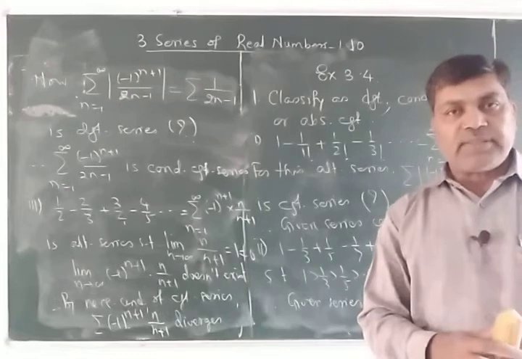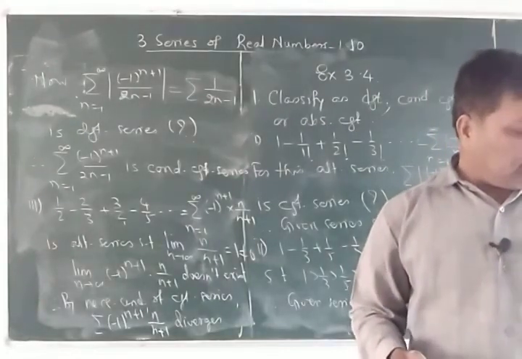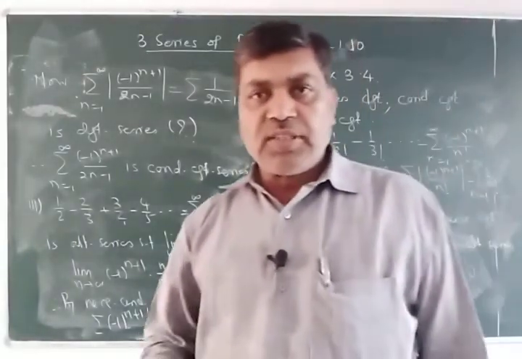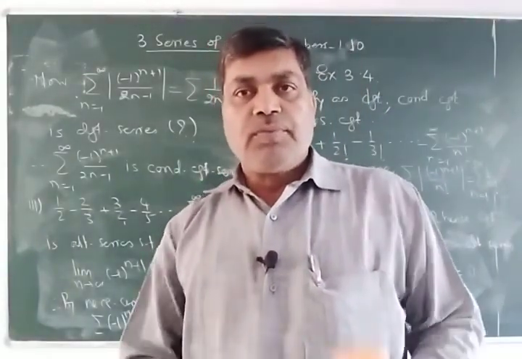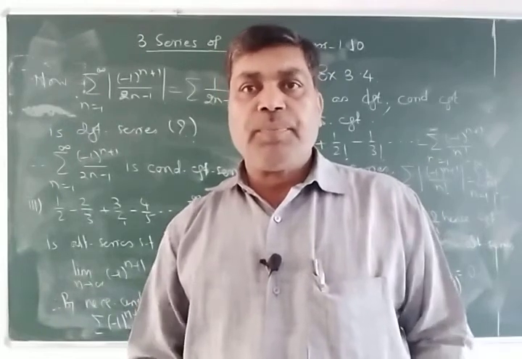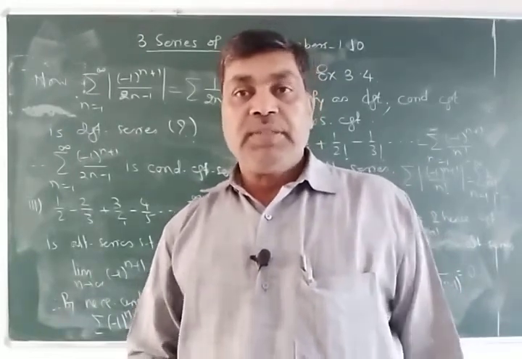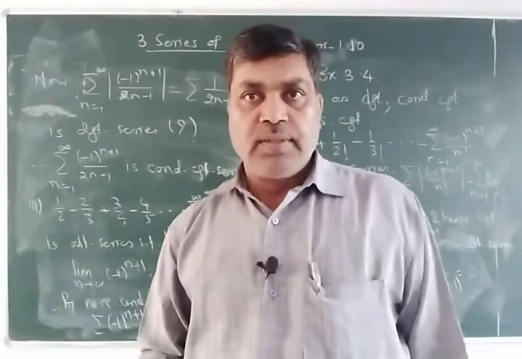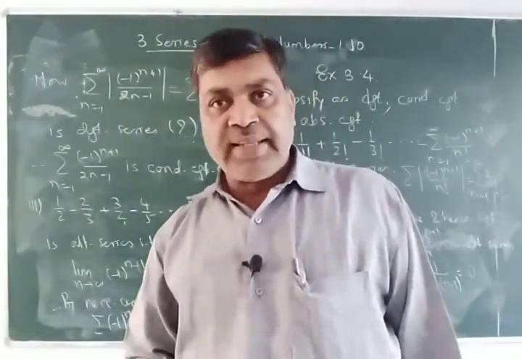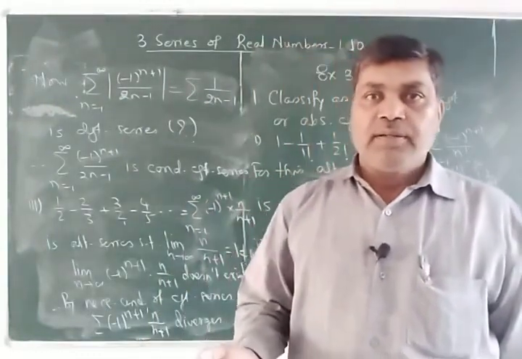Now there is one question: can a series of non-negative numbers, meaning series of positive numbers, converge conditionally? For that, if summation of n is a series of non-negative numbers, meaning n's are greater than or equal to 0, so mod n's remain n's. So summation of mod n is equal to summation of n.